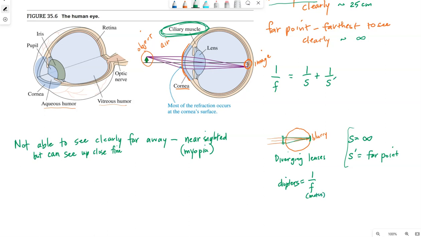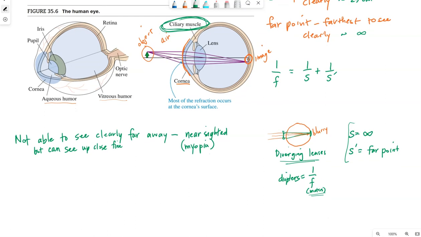So my prescription is going to be negative because diverging lenses have negative focal lengths. And then the number of diopters is going to inversely relate to the focal length that I need. So just the help we get from the glasses.